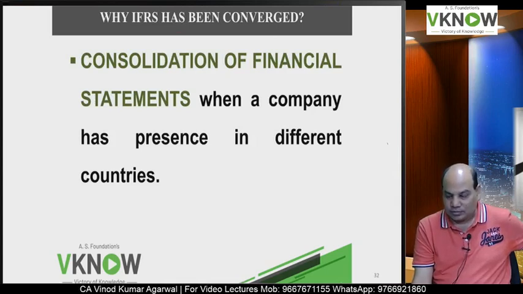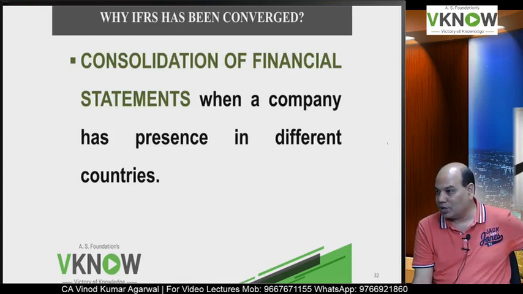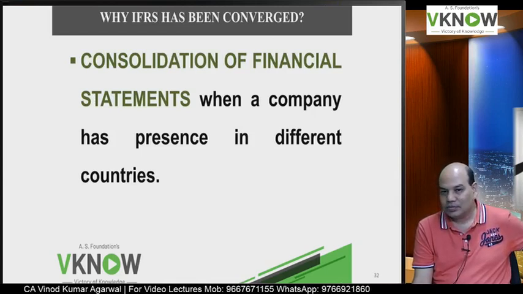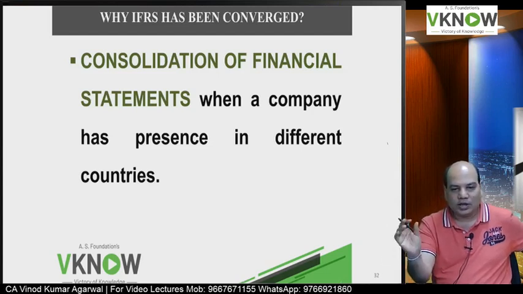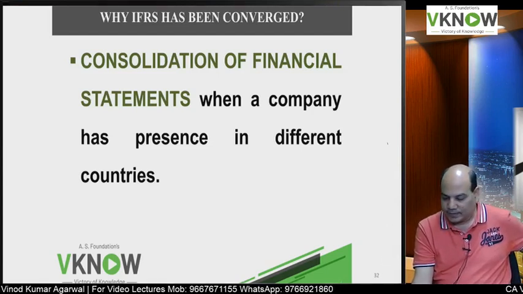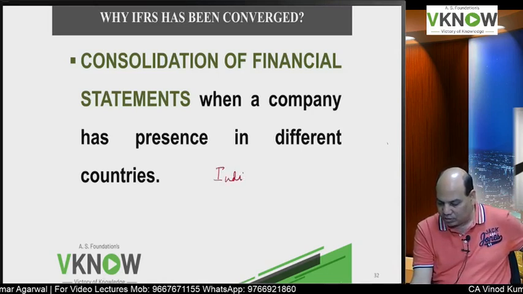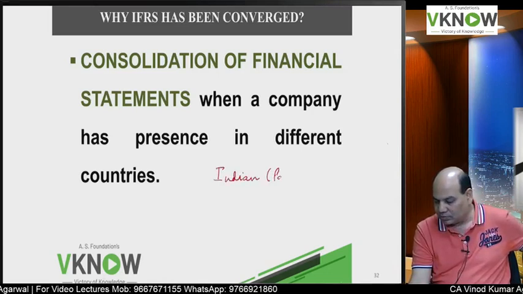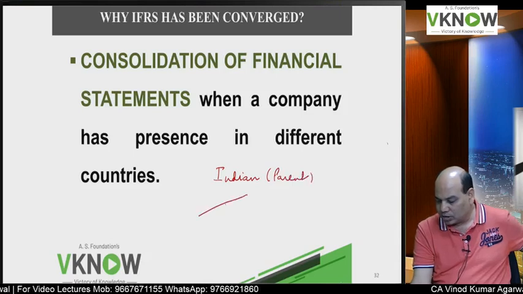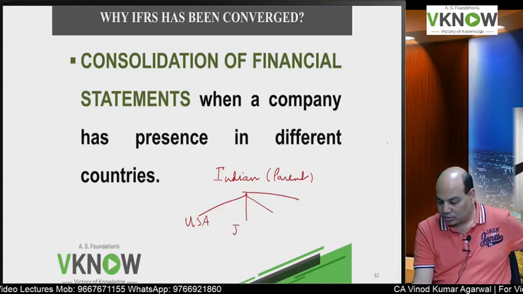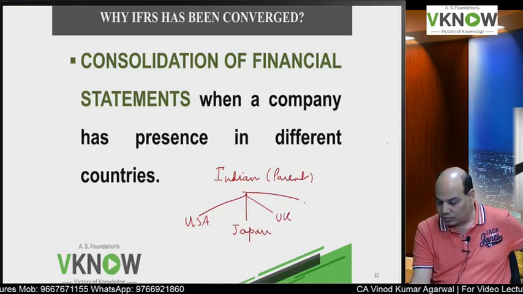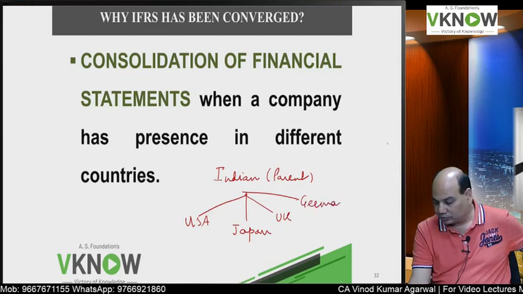And one of the major reasons why we decided to converge is consolidation. When Ind AS was not there, see the problem that used to happen. We were an Indian parent company, and this has got subsidiaries in USA, say Japan or UK, Germany.